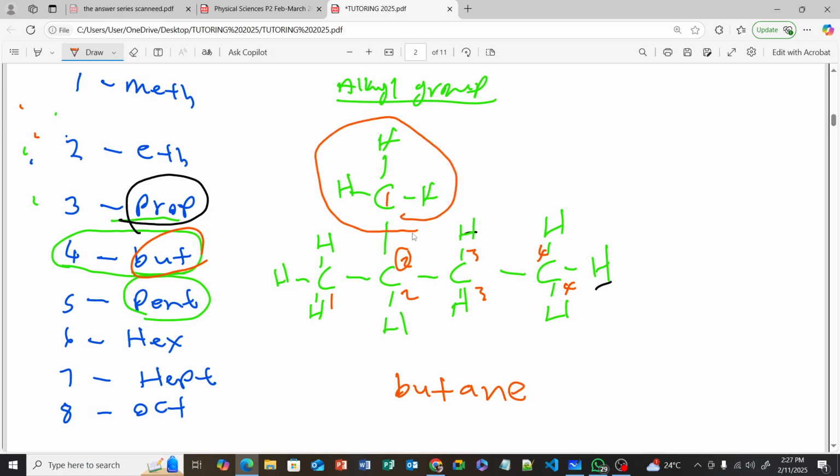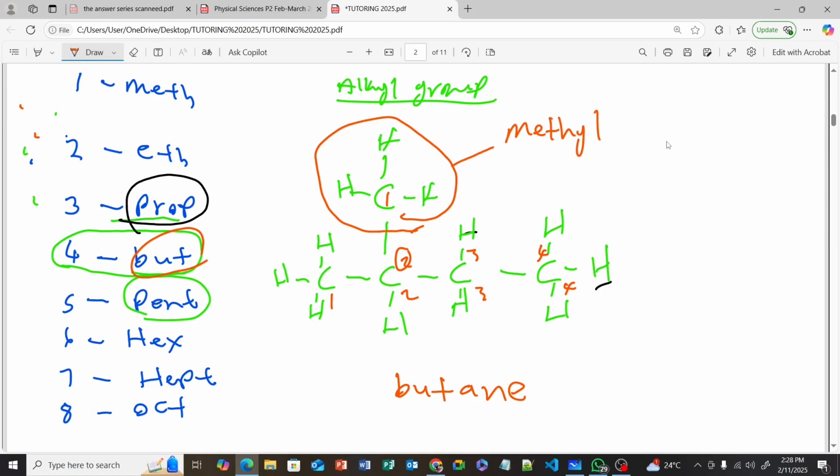What do we call this thing? Okay, so we call this the alkyl group or the branch. So since it has one carbon, we are going to call it a methyl. Then if it has 2 carbons, we will call that one eth.